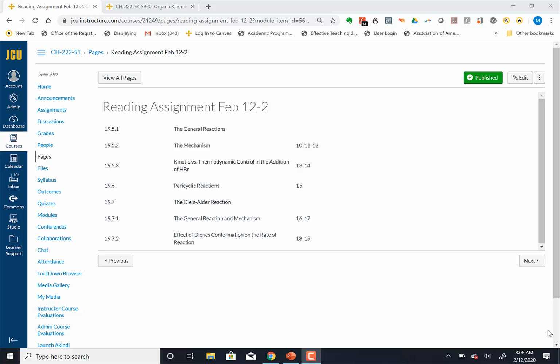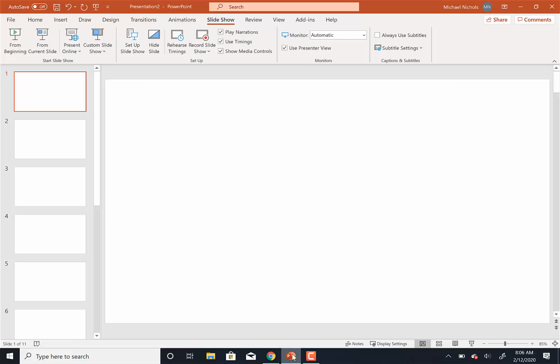Okay, so basically, I kind of foreshadowed 1,2 and 1,4 addition last time with talking about what would happen with a very simple allylic carbocation, which you're going to get from a conjugated diene.